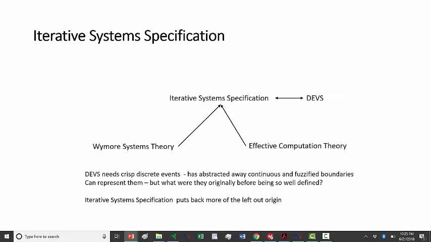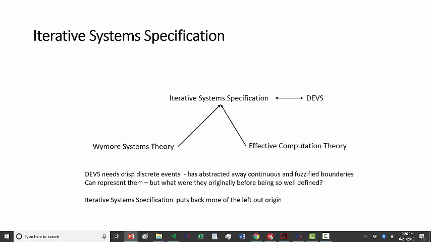The iterative specification, as we have said, combines Wymore's system theory with the effective computation concepts, and it allows the discrete events, which have abstracted away continuous and fuzzified boundaries, to be represented.